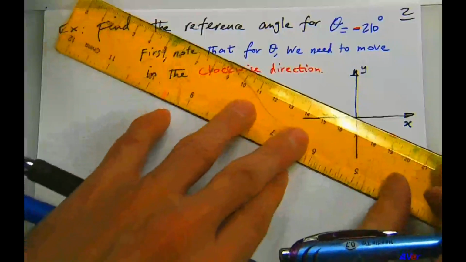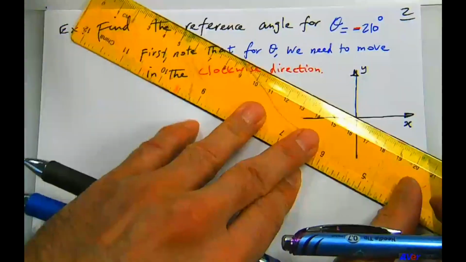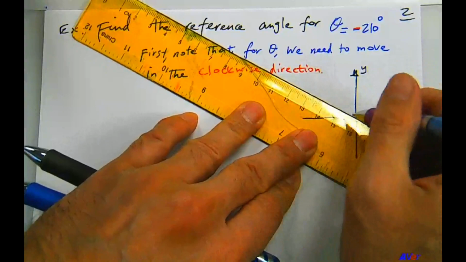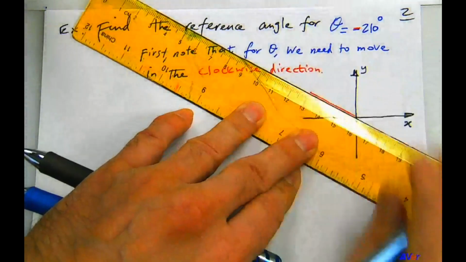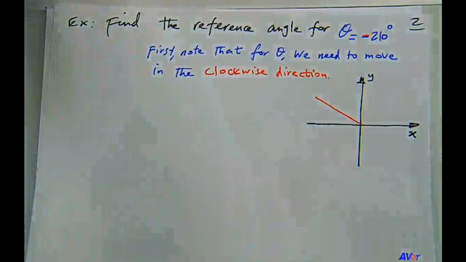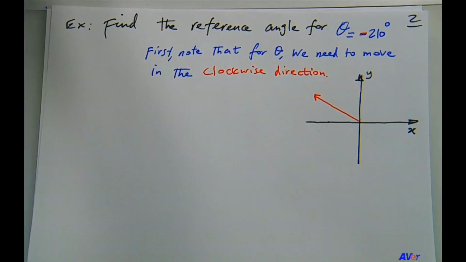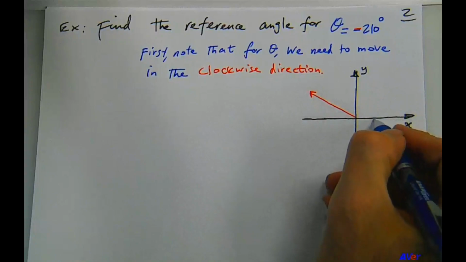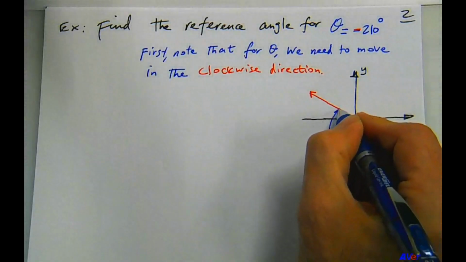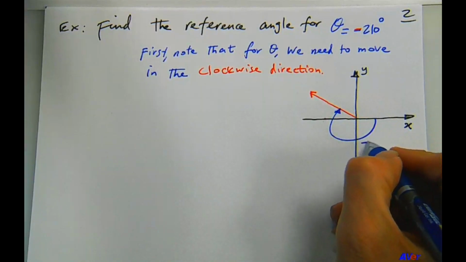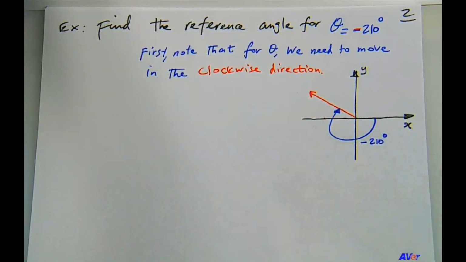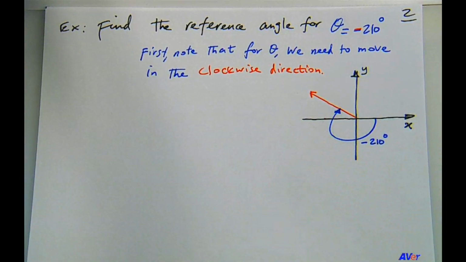So our terminal side for this would be roughly in this region here. And so this is tracing the minus 210 degrees angle.